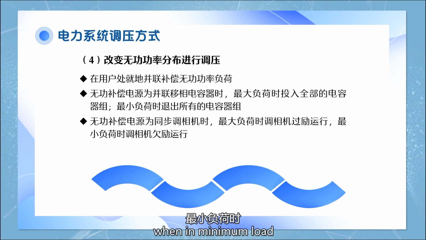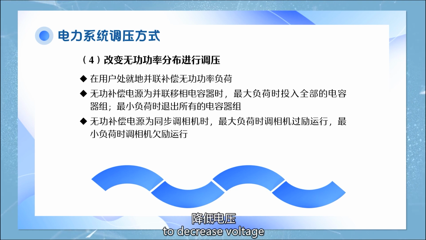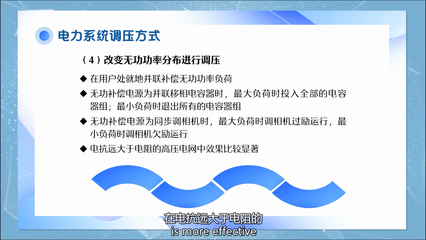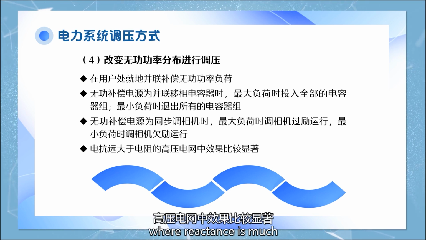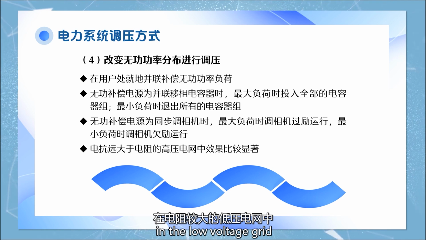At minimum load, the condenser is in underexcitation operation to decrease voltage. This method of voltage regulation is more effective in high voltage grids, where reactance is much higher than resistance. It is not applicable in low voltage grids with larger resistance.